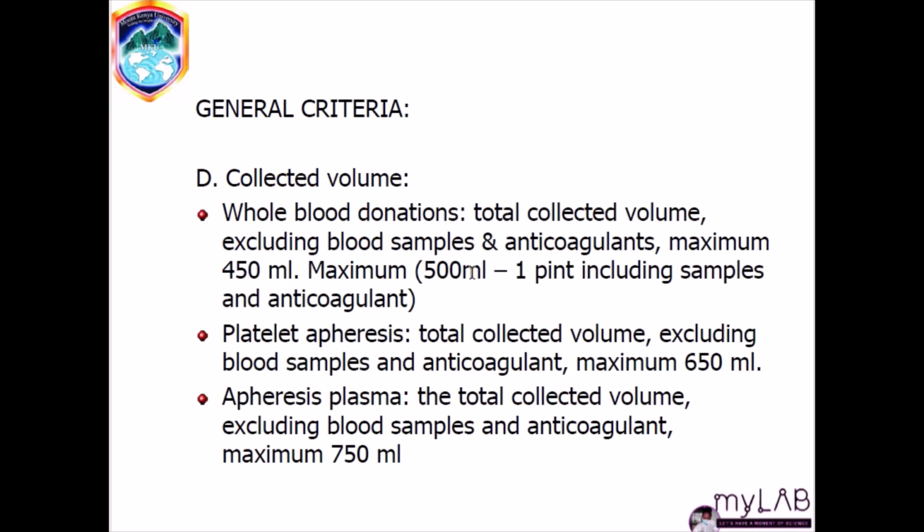So this is a maximum of 500 for whole blood. If you are doing platelets you can do a maximum of 650 ml. And if you are doing apheresis for plasma, then you can collect a maximum of 700 ml.